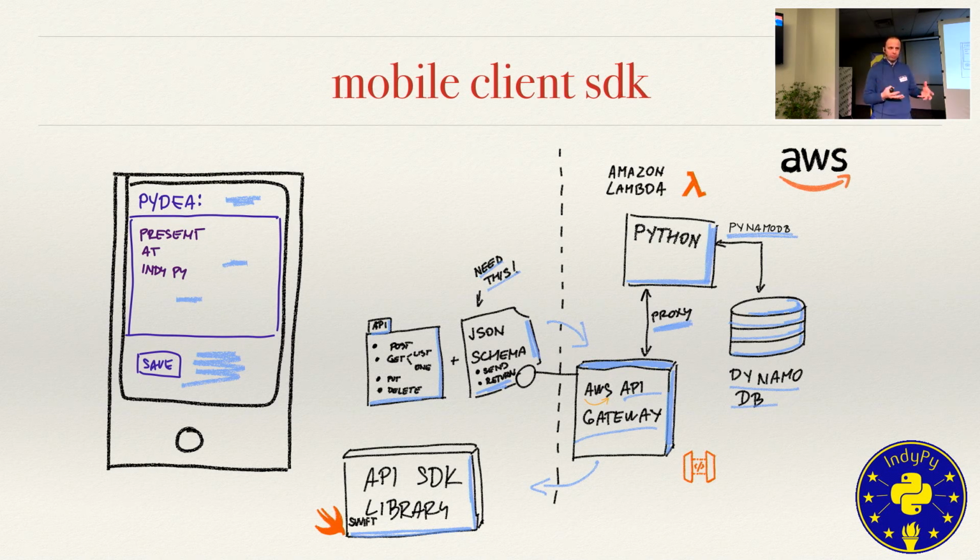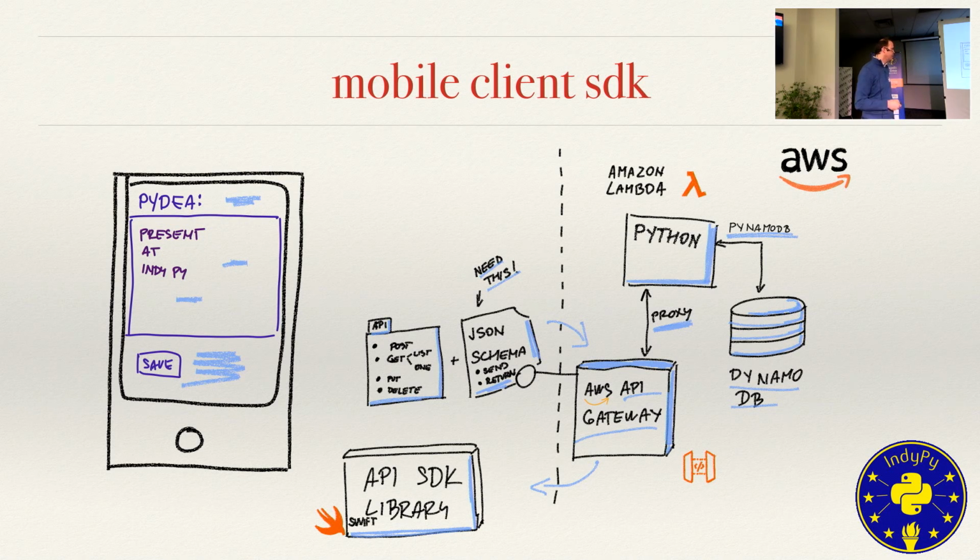So I actually have to define a model of my request and response in terms of JSON schema: JSON schema for what's coming in the body, and JSON schema for what's coming out as a response. Let's say if I get the list, I need to define a schema for listing of all the elements. So that's an additional task, and then I will be able to use API Gateway and tell it, create SDK for me in whatever language I decide to.